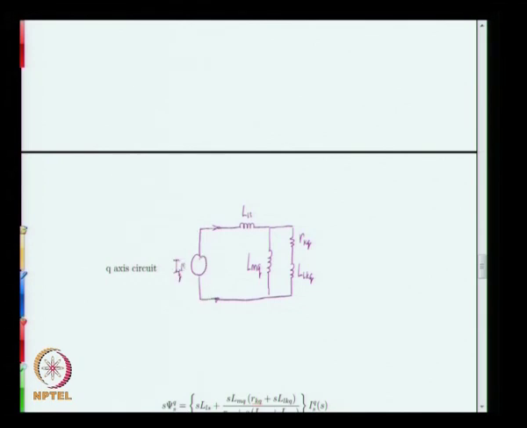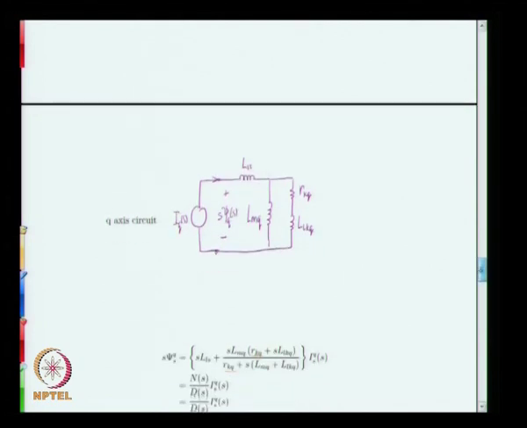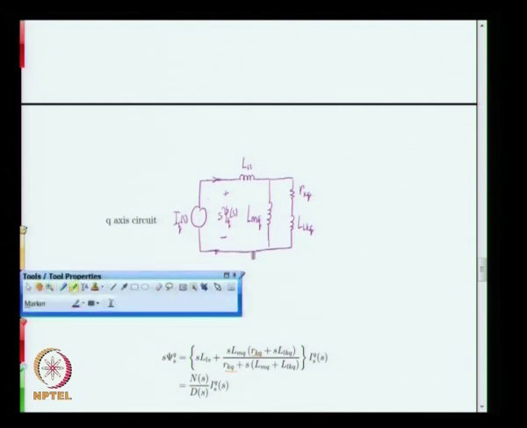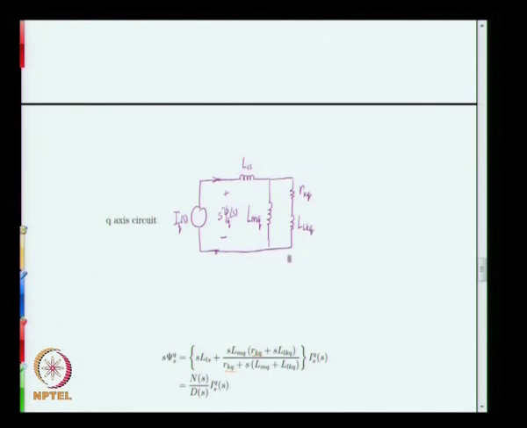What is going into this is your current I q of S, and what we are interested in is this voltage, which is S times psi q of S. Therefore, we can write this voltage S times psi q of S as this current multiplied by the overall impedance that is offered by this circuit.